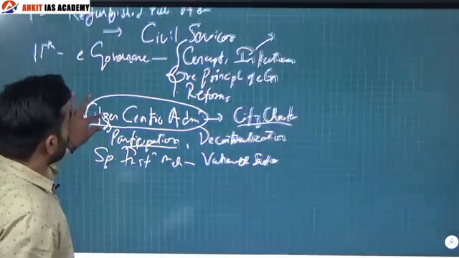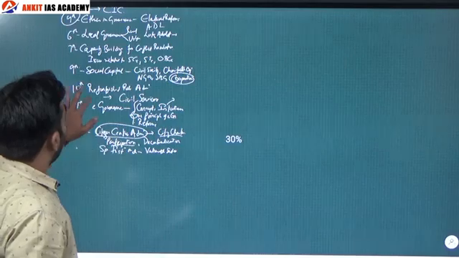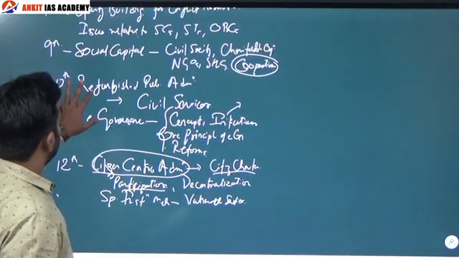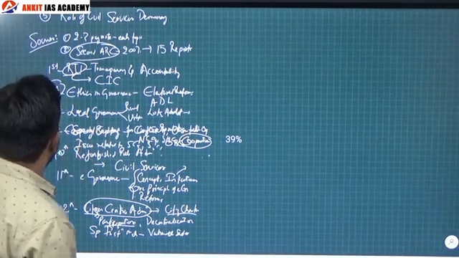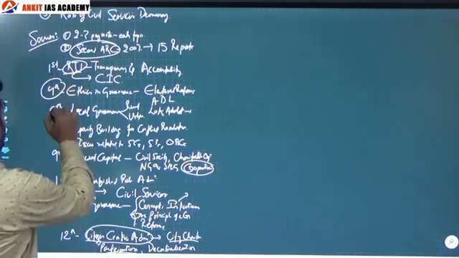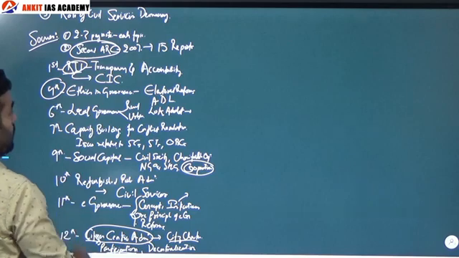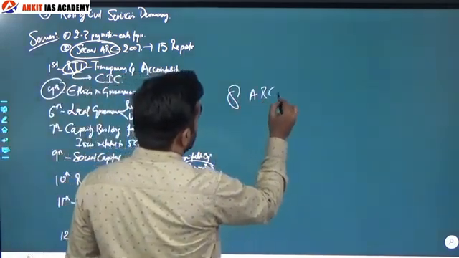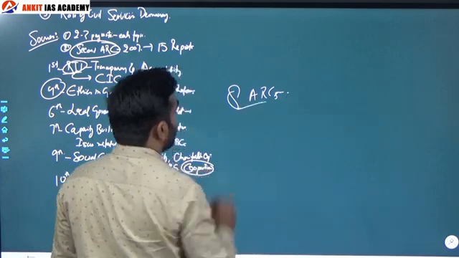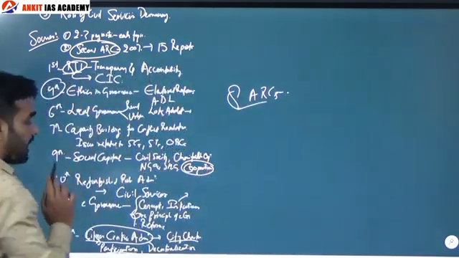See, in all these reports, these are, let's say 1, 2, 3, 4, 5, 6, 7, 8. So a total of 8 ARCs are important for you. Please note down these ARCs.